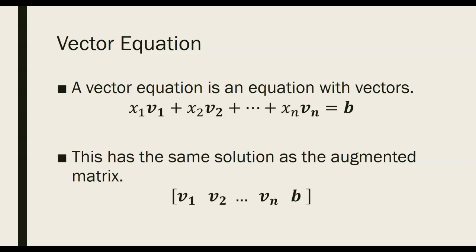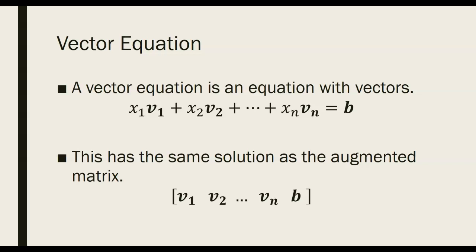And notice what we did. Finding a solution to that vector equation was equivalent to finding a solution to a linear system of equations. So a vector equation is equivalent to a system of equations, which is equivalent to an augmented matrix.